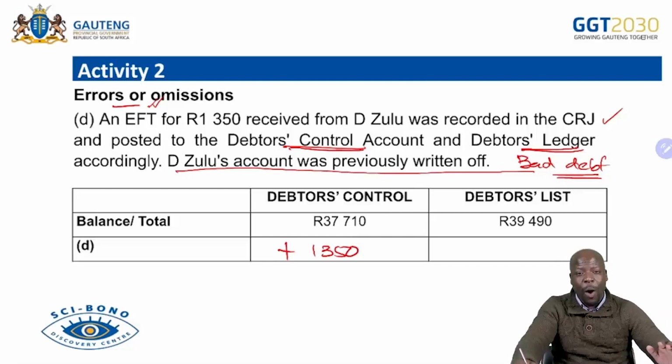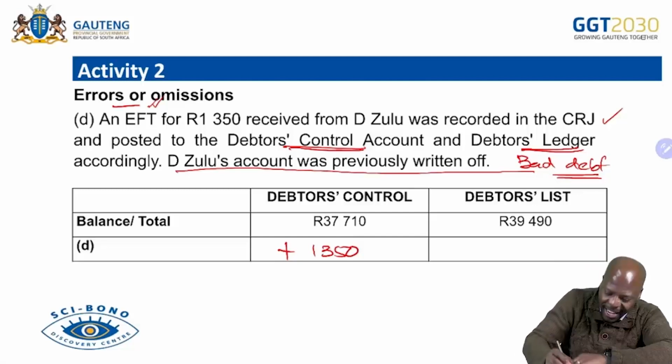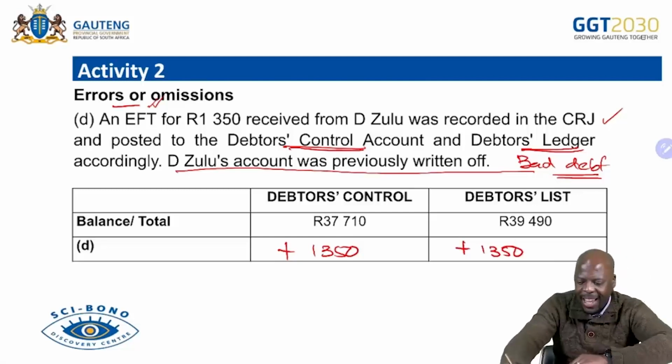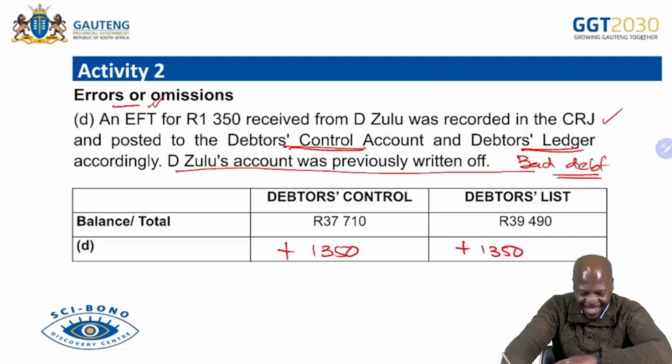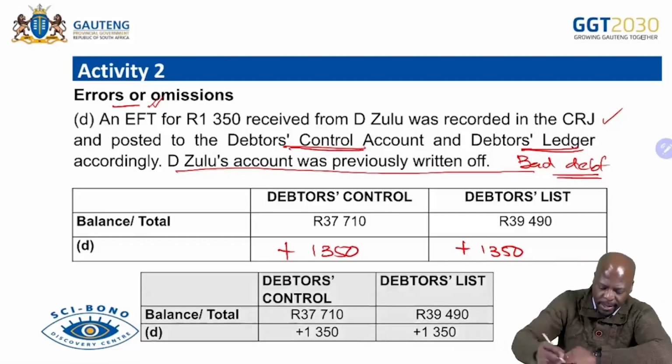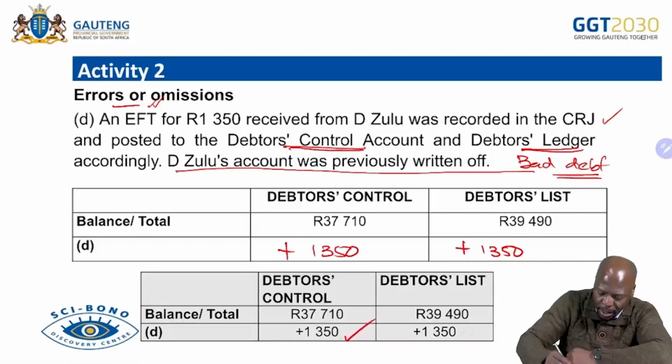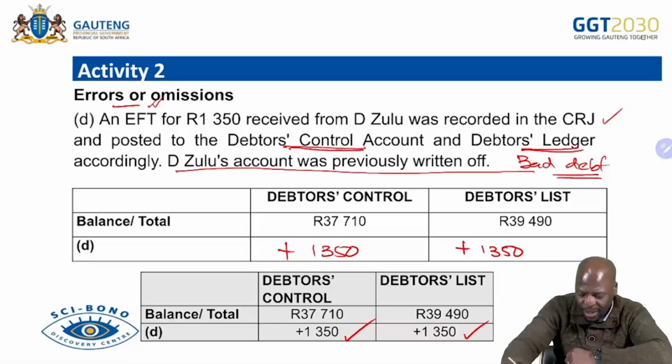Not at all. I come and I add 1,350. That is how you correct the error. Okay, there it is. Nicely written. Plus 1,350, plus 1,350.